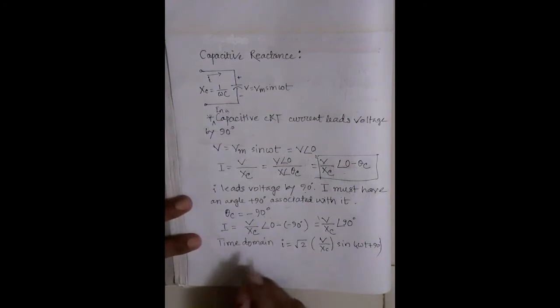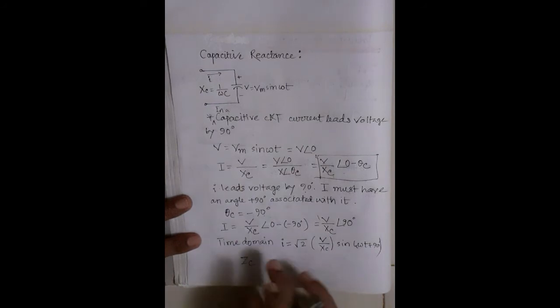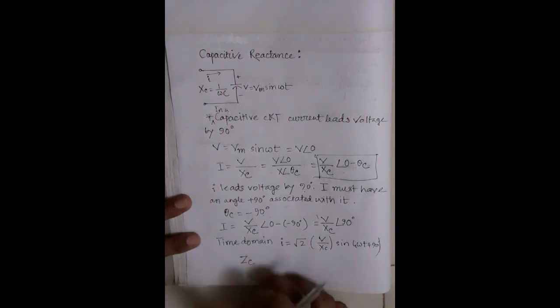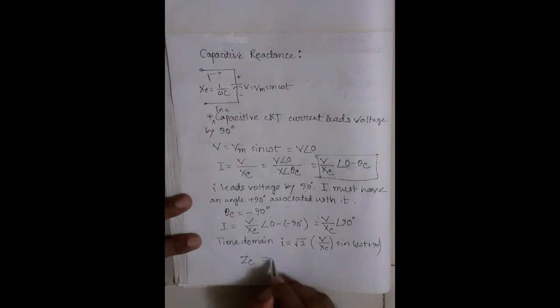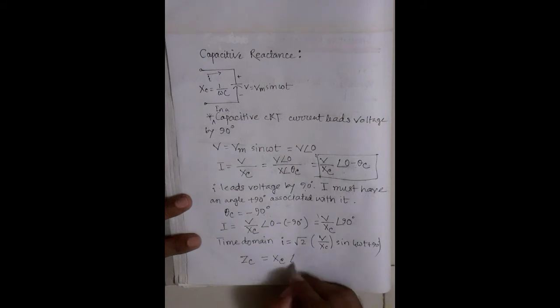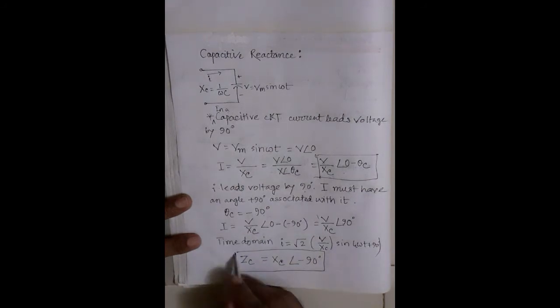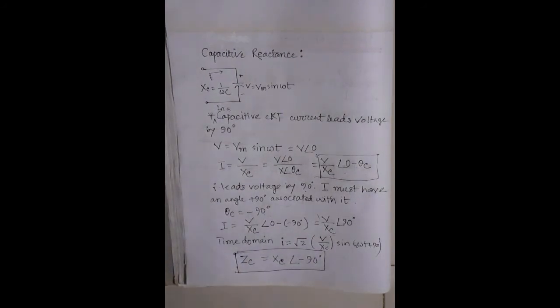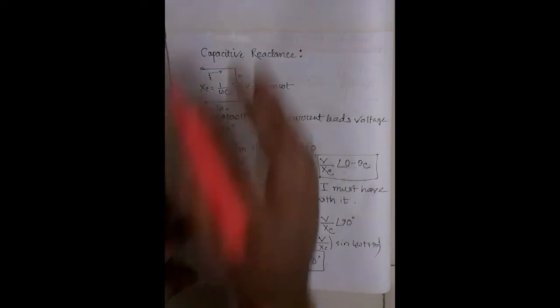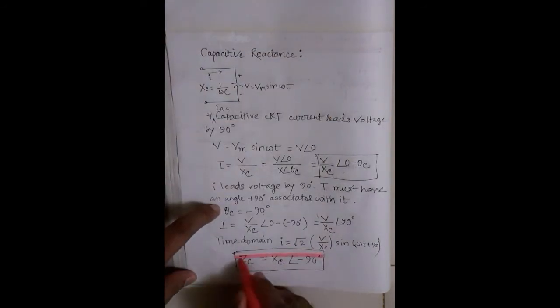So the final relationship goes like this: ZC is what? It is called the reactance. Capacitive reactance should be equal to XC having an angle of minus 90 degrees. Okay, this is the most important thing that you need to remember. There are two important things that you need to remember in this full lecture.